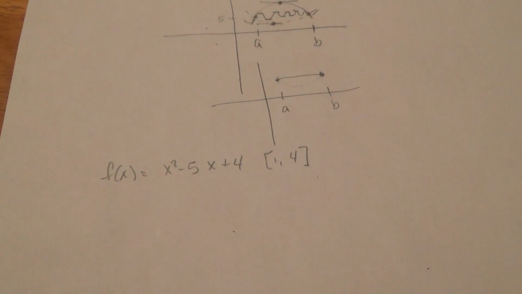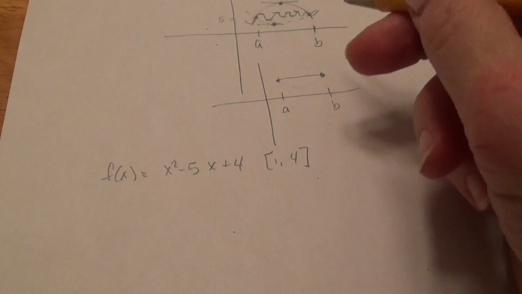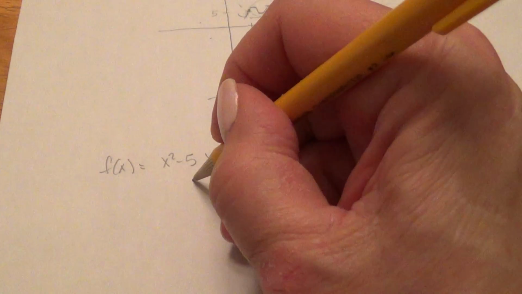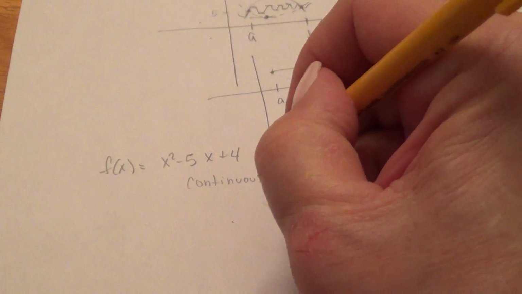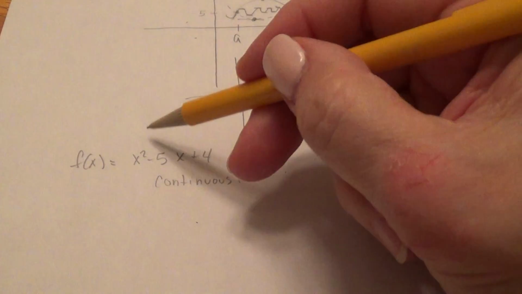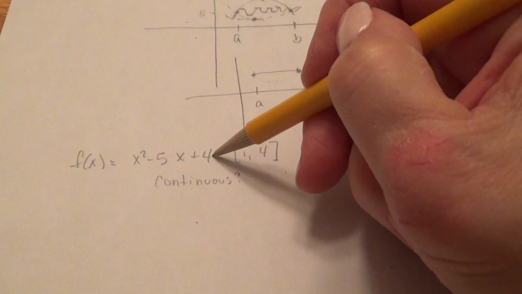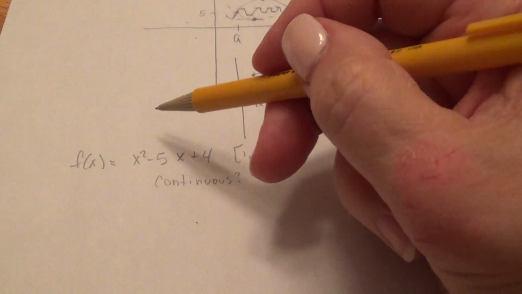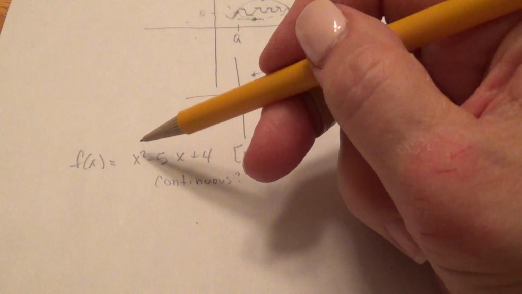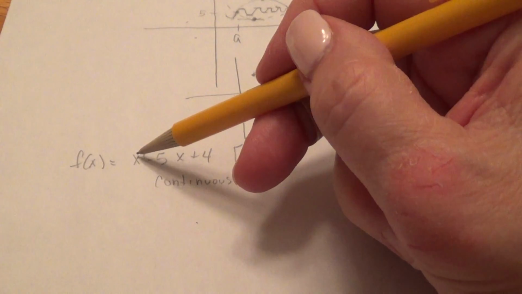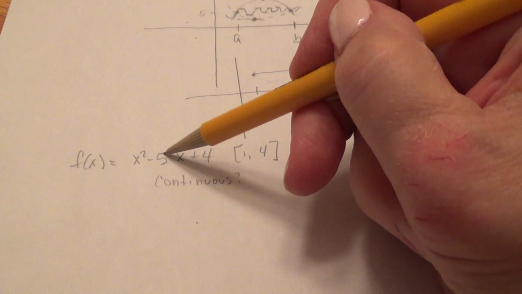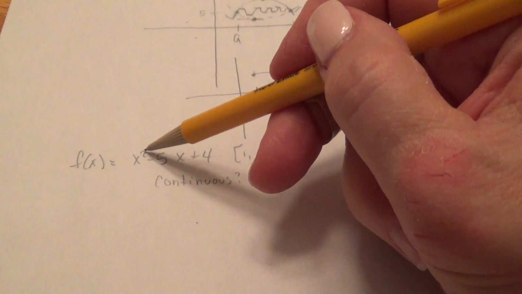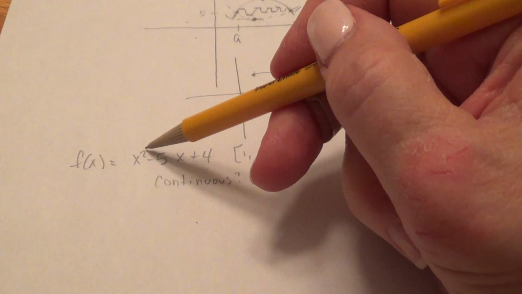When we look at that, first of all, we have to ask if it meets the conditions. Is it continuous? Always ask yourself that. Well, this is a polynomial. It happens to be a parabola. Any polynomial has variables and coefficients. The coefficients are real numbers.